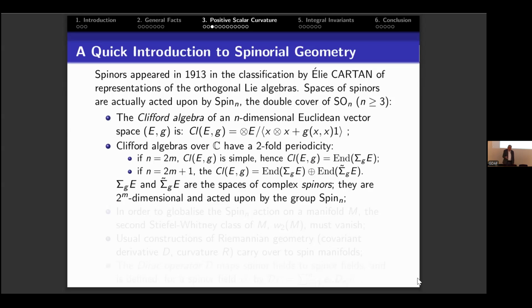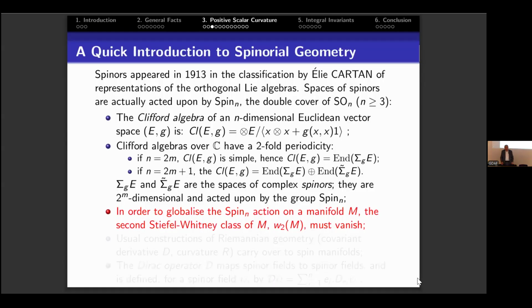And of course, both sigma and sigma twiddle of E are spaces of dimension 2 to the m for these two cases, 2m and 2m plus 1. And also very important, I'm not going to give you the proof of that, is that the group Spin(n) acts on the spinors. So that's also a good reason to call them spinors, because they are acted upon by the spin group.